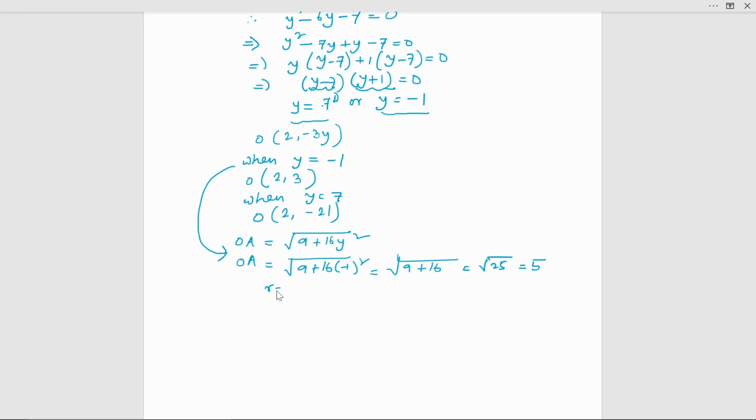So the radius is 5 when my center is 2 and 3.